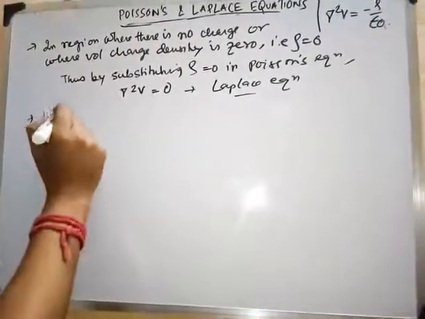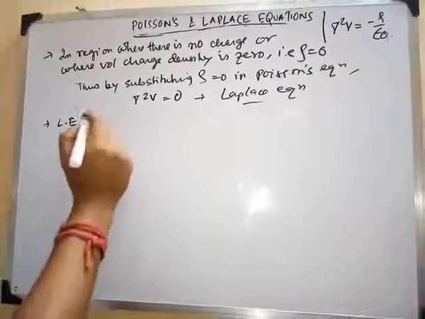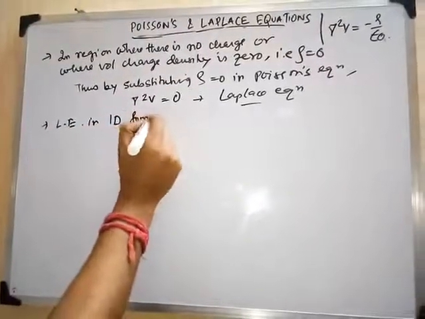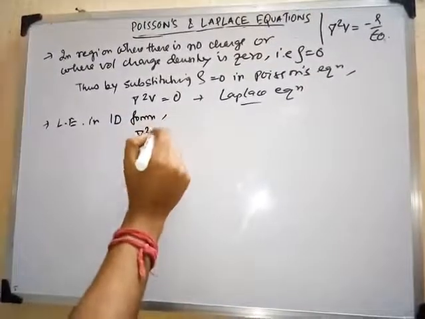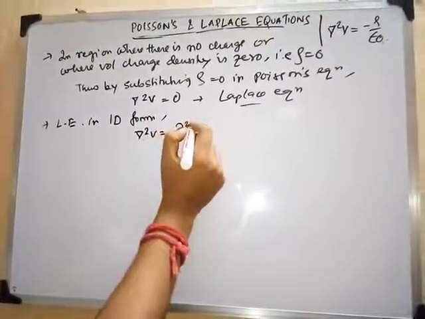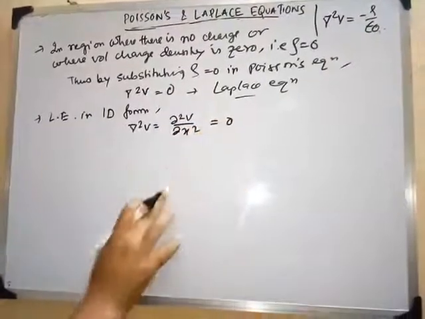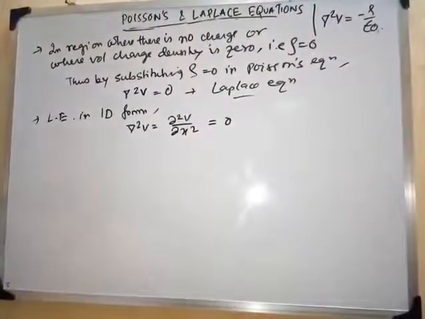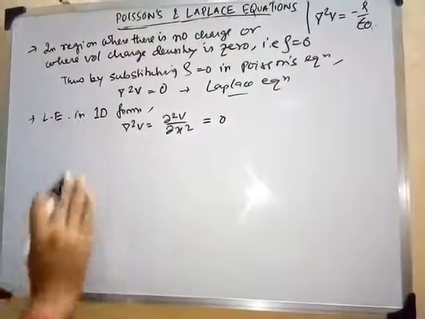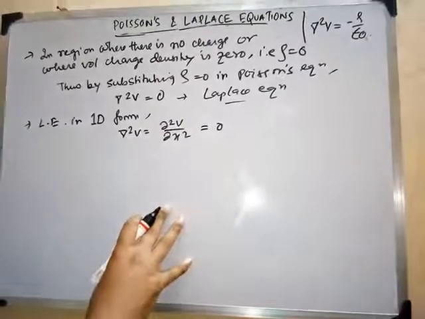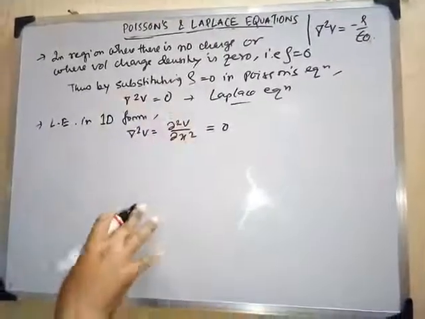So the Laplace equation, I am writing in short LE, in 1D form is expressed as del square V, that is del square V by del x square, equals 0. This is the 1D form. If you remember this form, sometimes questions or problems come, and you can directly solve those problems very quickly.